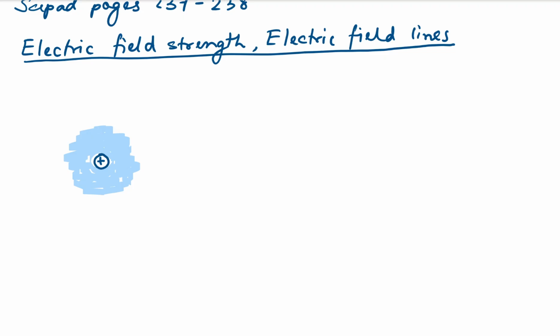This region around any charged particle, where any other particle will feel a force due to interaction between this charge and the other charge, is known as the electric field set up by this charged particle.